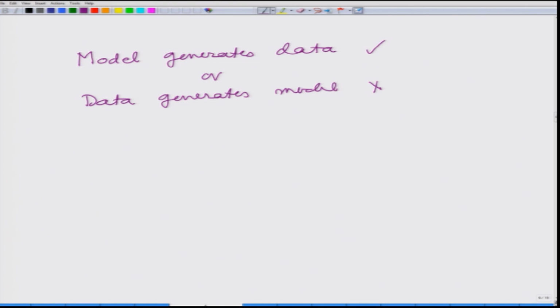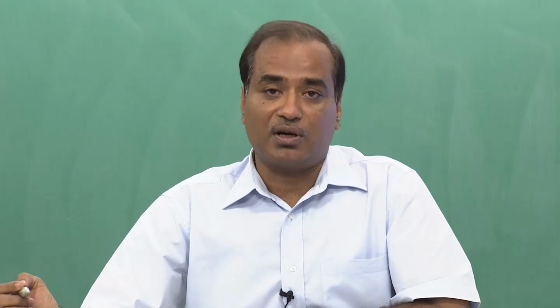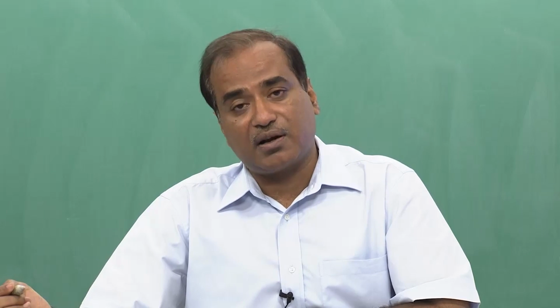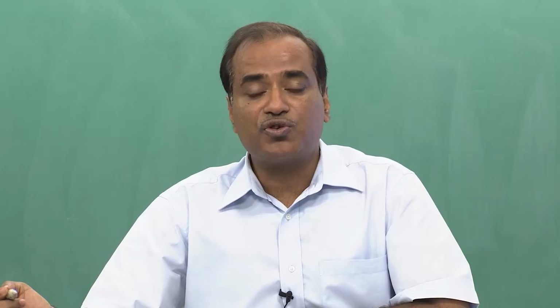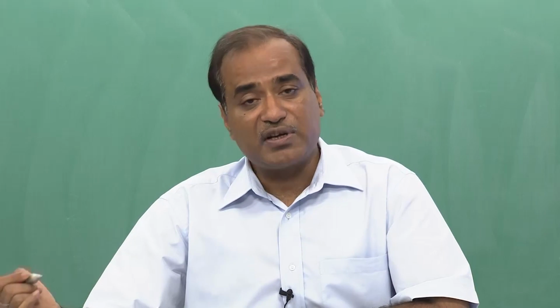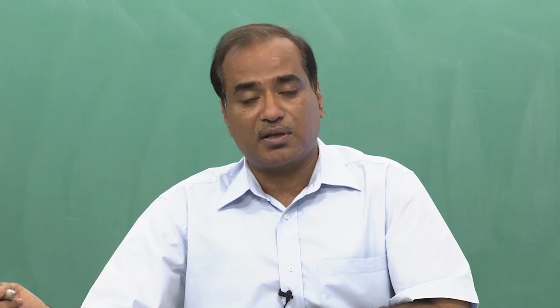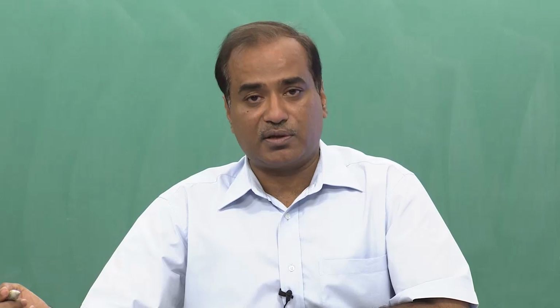But what is really happening? We want to know the parameters of a model. The parameters are unknown to us. So the question is this: how should we know them? Once I know the parameters, then the entire model is completely known to us.